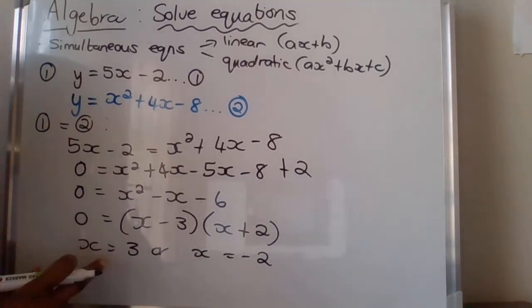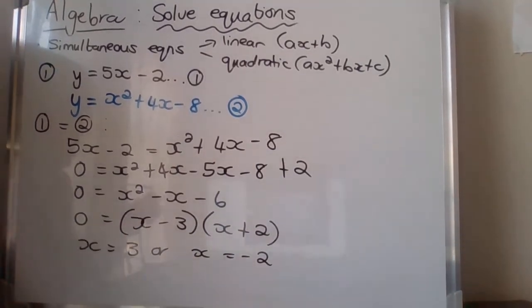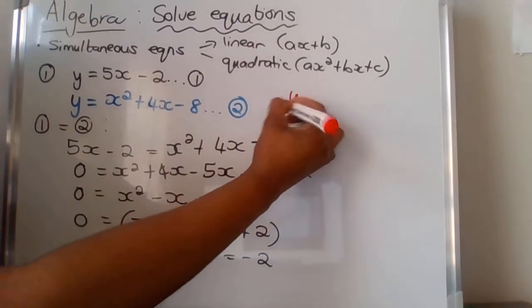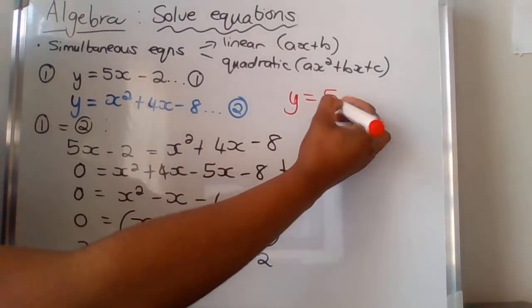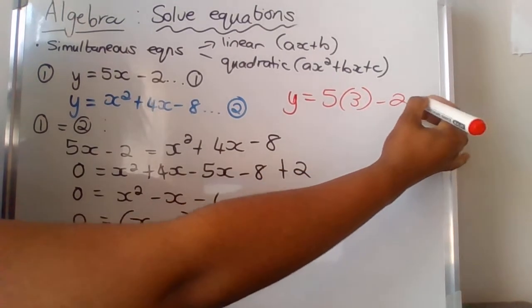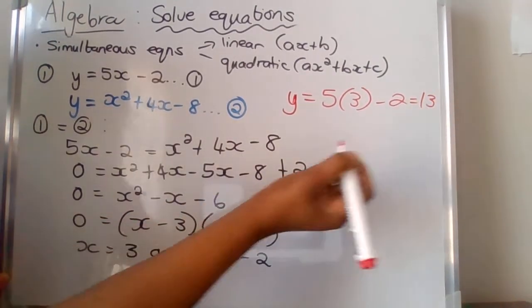So now that I have my x values, I can calculate my y values. My first y value, where y is equal to 5 times 3 minus 2, which is equal to 13.